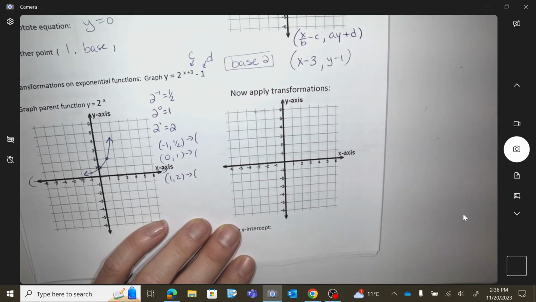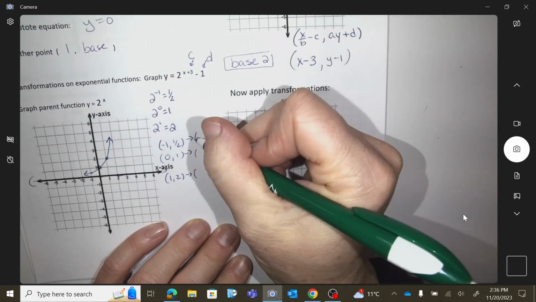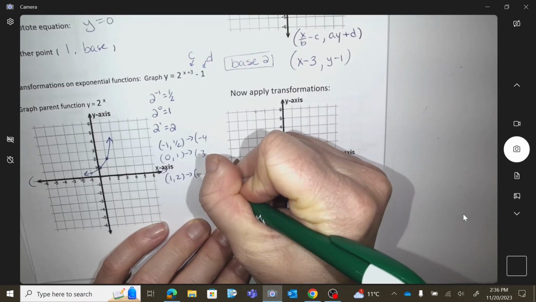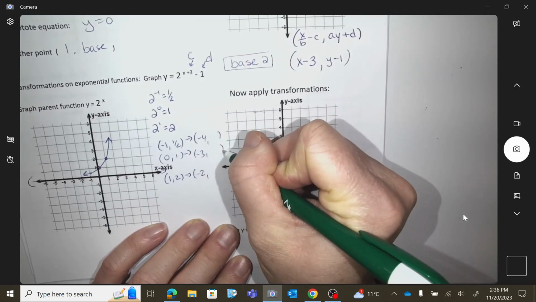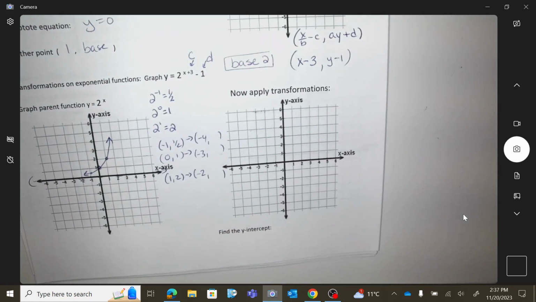I'm going to rip through all the x's. I'm going to go subtract 3, subtract 3, subtract 3. Now I'm going to go through all the y's. I'm going to subtract 1. What's a half minus 1?